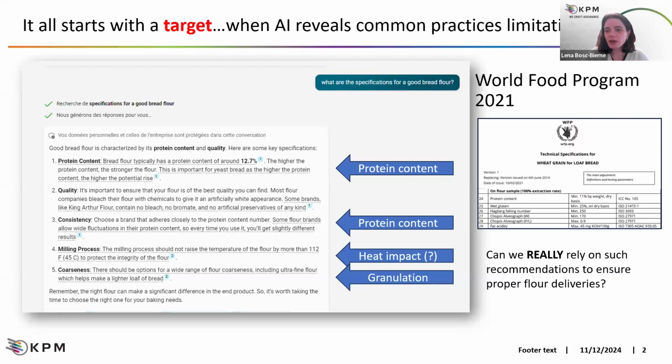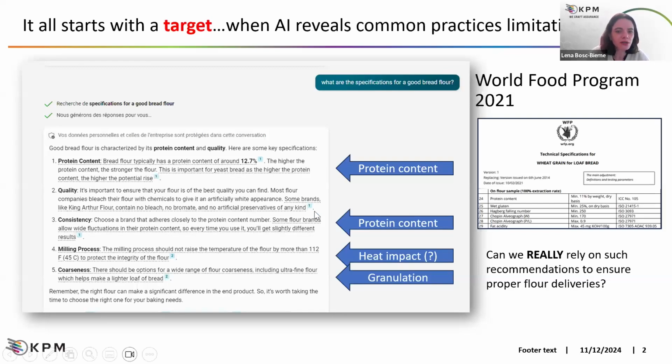Here this is just a simple exercise that we have done using ChatGPT. If we ask artificial intelligence, which gathers data from the internet, saying this is what everyone is doing, how do we control bread flour quality, what are specifications for bread flour quality, we will have answers such as protein content.